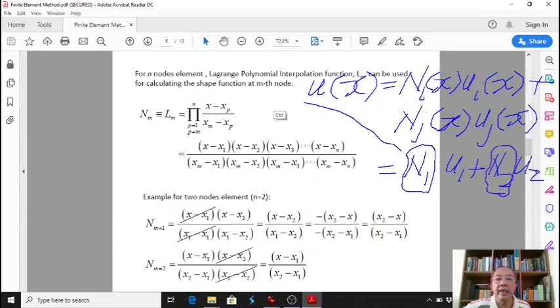We can find them using the Lagrange polynomial interpolation function.